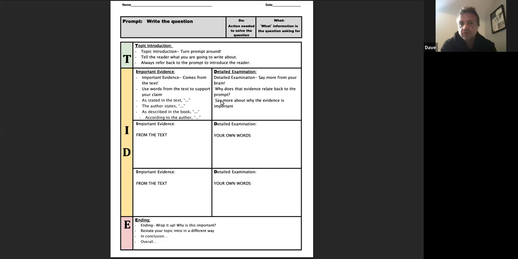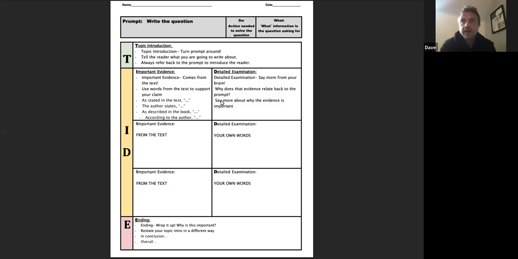Now, this second box, detailed explanation, that's you telling me why you took it from the book. This is from your brain. This is you. Okay? Why did you take it from the book? How does it go back to that writing prompt? Everything goes back to the prompt. That is our topic. Okay?